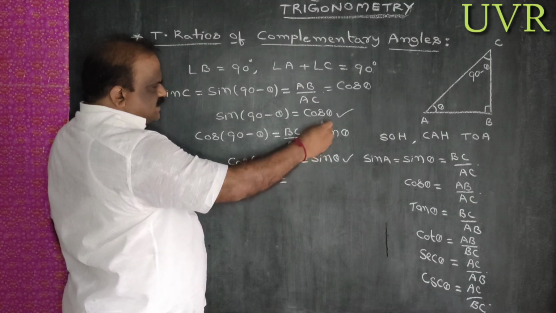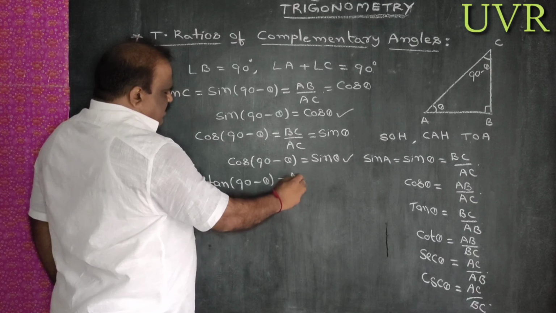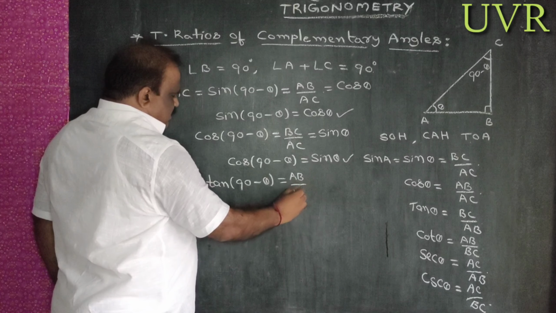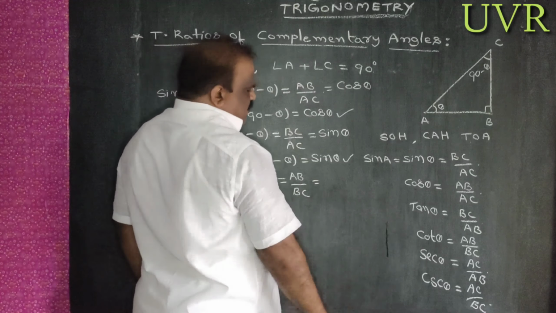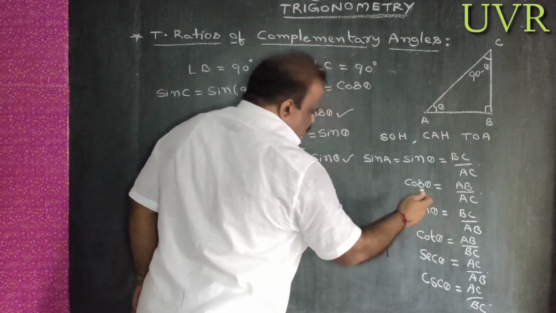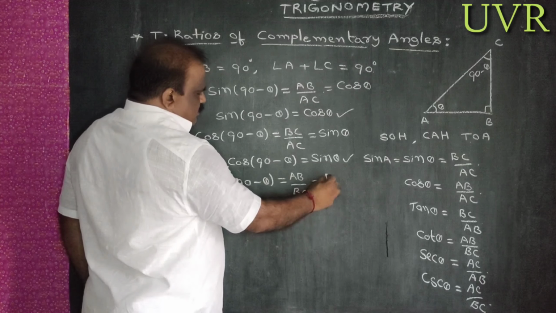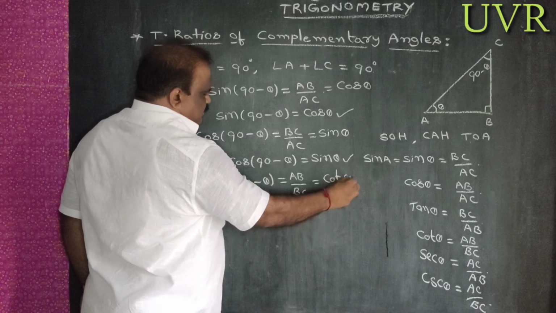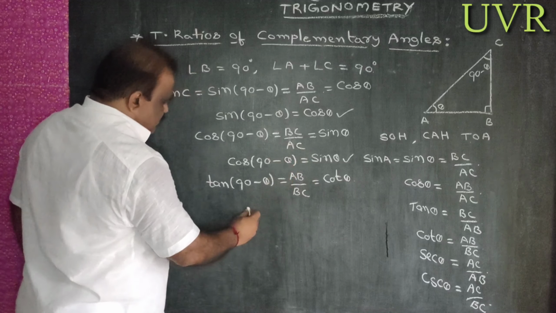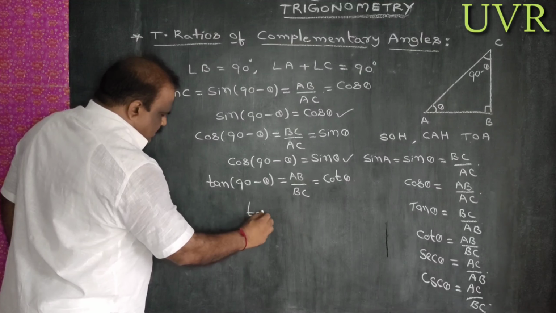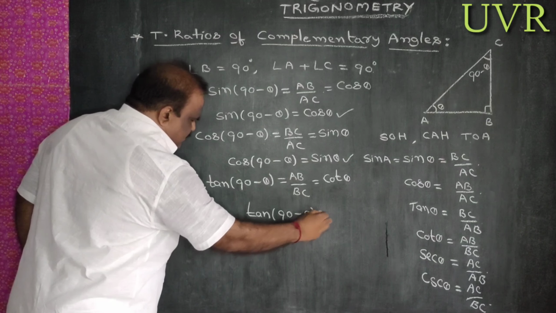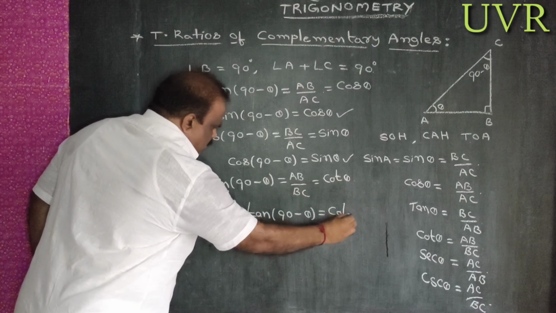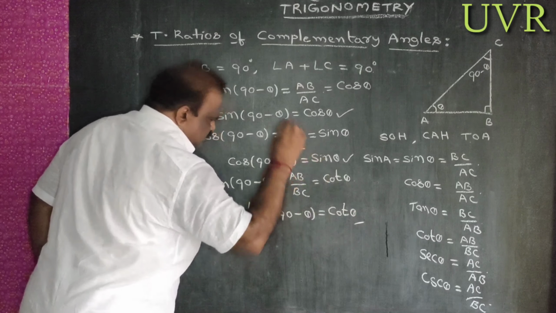So tan 90 minus theta is equal to AB by BC. So here AB by BC is equal to cot theta. So from this, tan 90 minus theta is equal to cot theta.